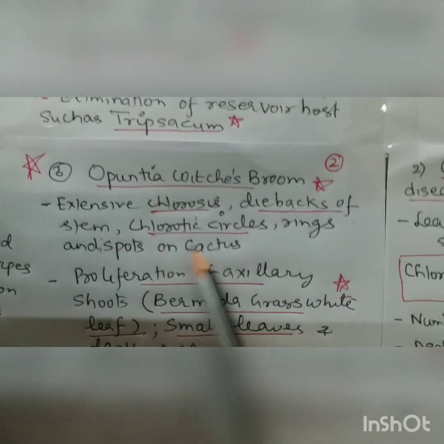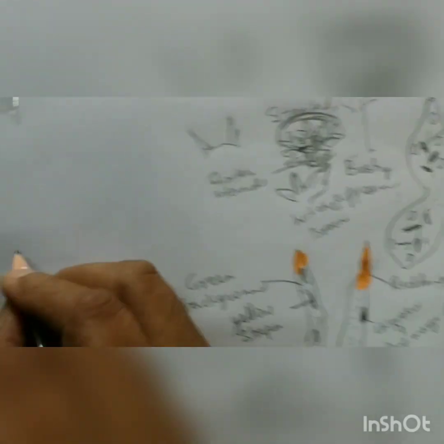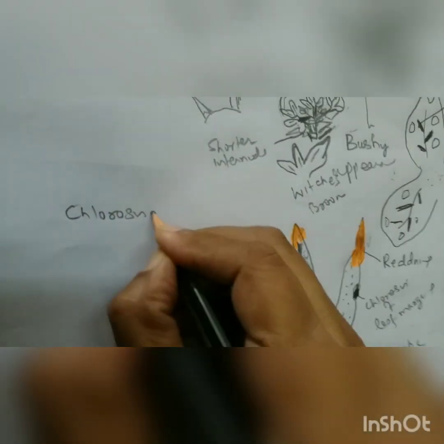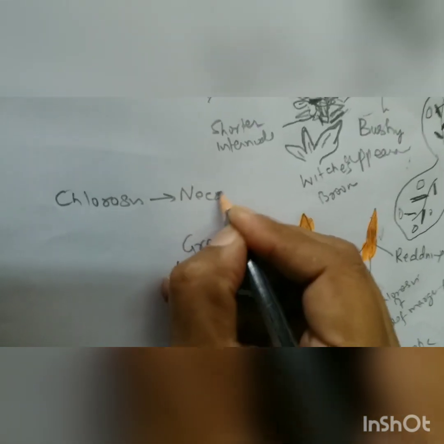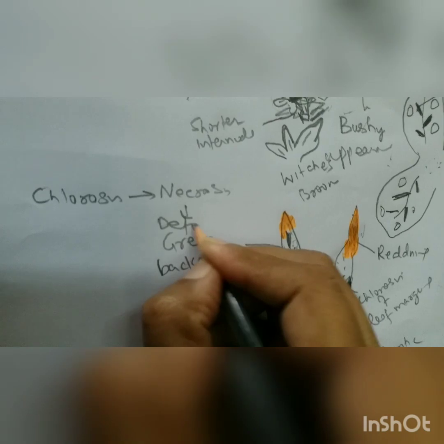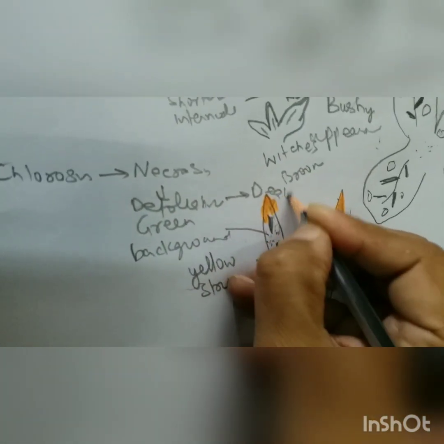The stem will die back, and there are chlorotic circles. And we know that if chlorosis occurs, it is every time followed by necrosis, and that results in defoliation and death.